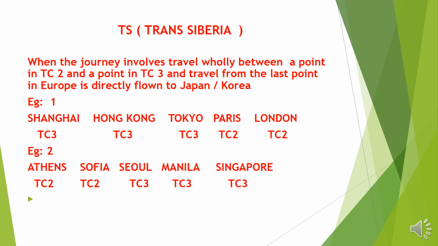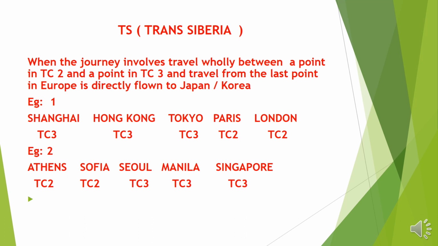Coming to example number 2, Athens in Europe, Greece. Sofia is in Bulgaria. Seoul is in Korea. Manila is in TC3, which is in Philippines. And Singapore is also in TC3. So the journey is in Greece and the destination is Singapore in TC3. So between 2 and 3.